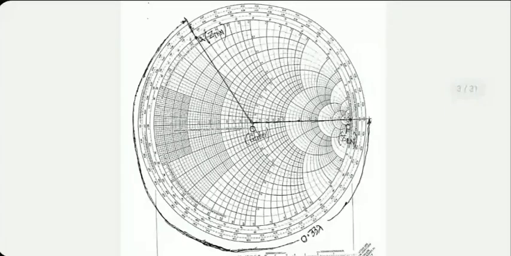See, this chart essentially covers lambda by 2 length. Total chart covers 0.5 lambda. Half of the chart covers 0.25 lambda. Because we know from past discussions that after lambda by 2 length, everything repeats. So Smith drew the chart only for lambda by 2 length. The total periphery belongs to lambda by 2 length.